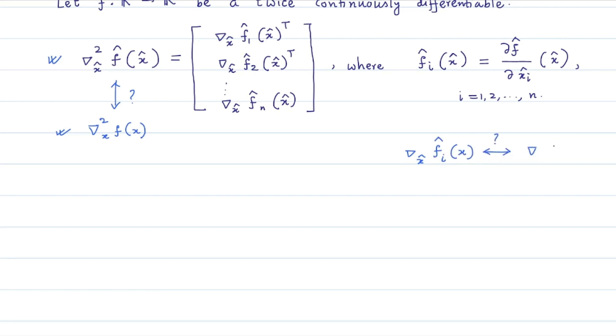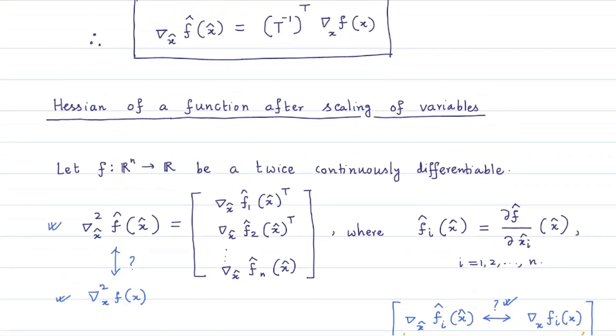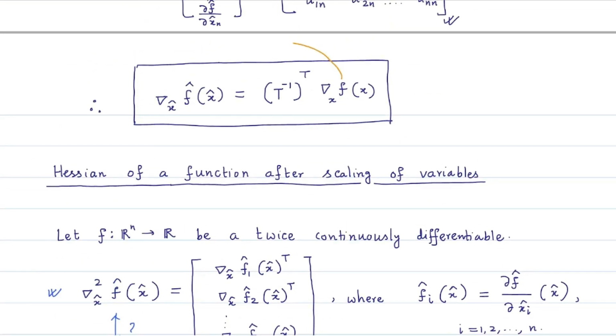with the gradient of the function f i with respect to x, where this function f i is the partial derivative function of the function f with respect to the variable x i. So we are now going for identification of this relationship between the gradient of f i hat and the gradient of f i. For finding this relationship, we look back to the relationship when the function f was changed to the function f hat.